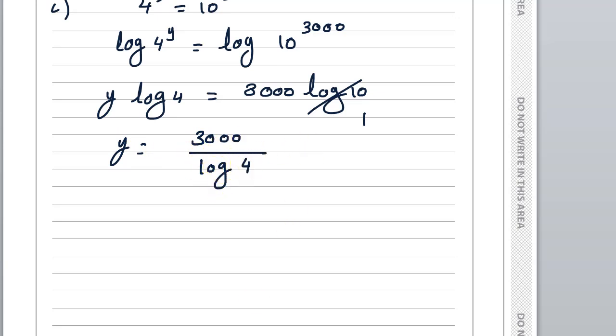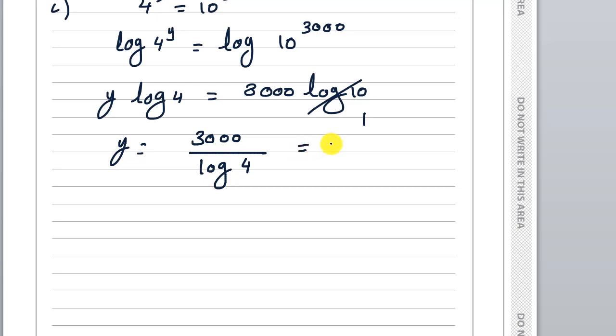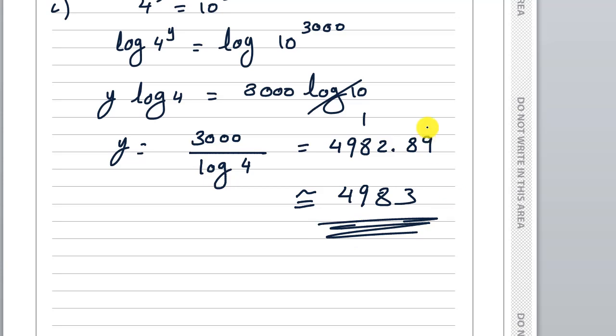Let us find this answer: 3000 divided by log 4 is 4982.89. So it's equal to 4983, and this is the answer of this question.